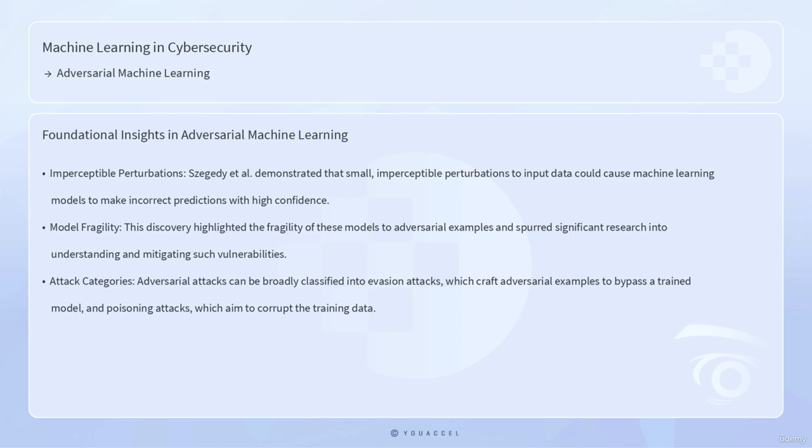Adversarial attacks can be broadly classified into two categories: evasion attacks and poisoning attacks. Evasion attacks involve crafting adversarial examples that can bypass a trained model during its operational phase, while poisoning attacks aim to corrupt the training data, thereby compromising the model's integrity from the outset.